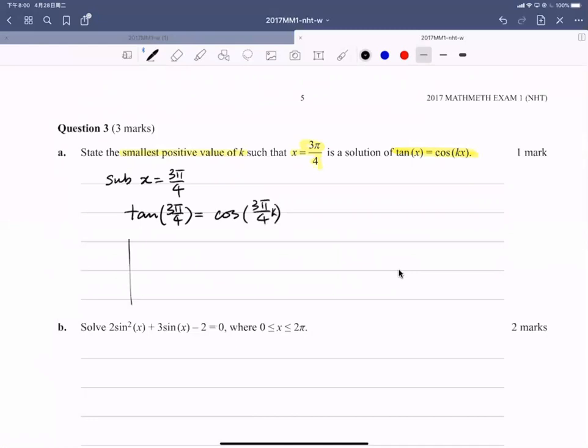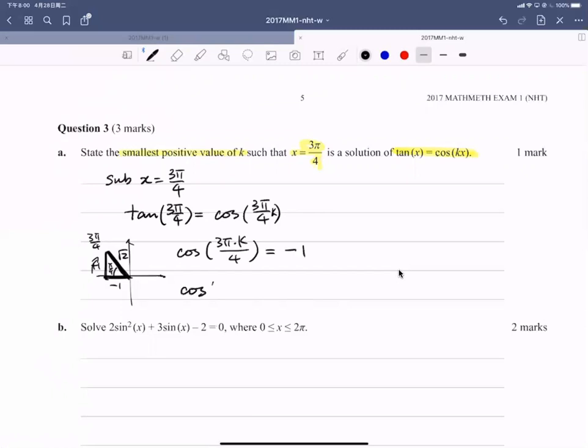Now, what is tangent 3 pi on 4? Where is that? It's here. It's a quarter pi less, going backwards. So it's minus 1, plus 1, sorry, root 2. And your cosine 3 pi times k on 4 equals minus 1.